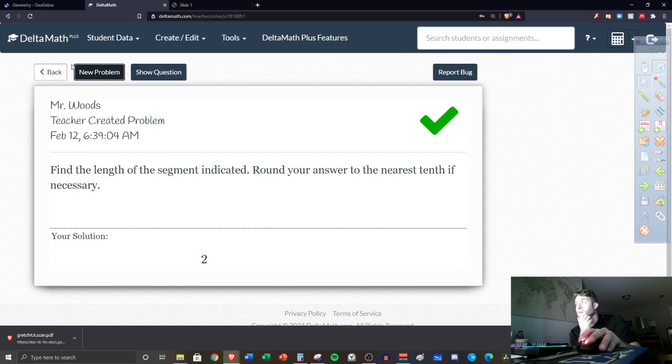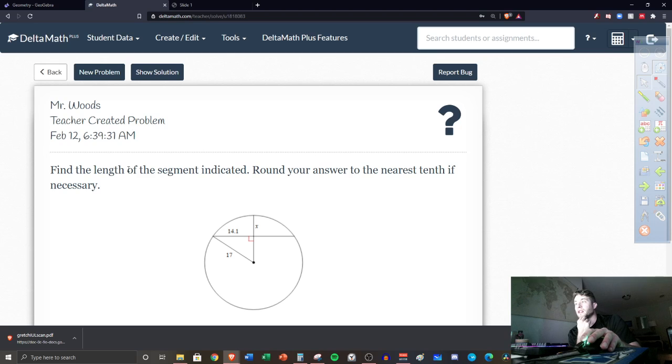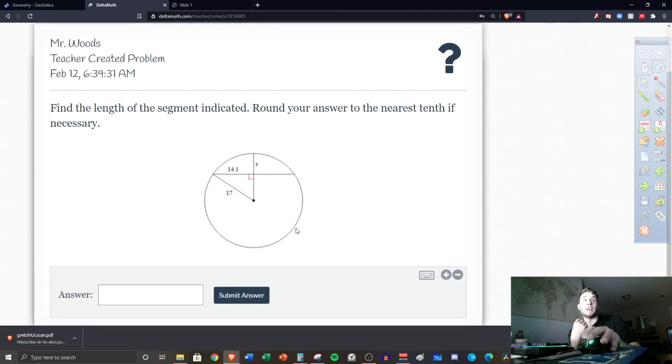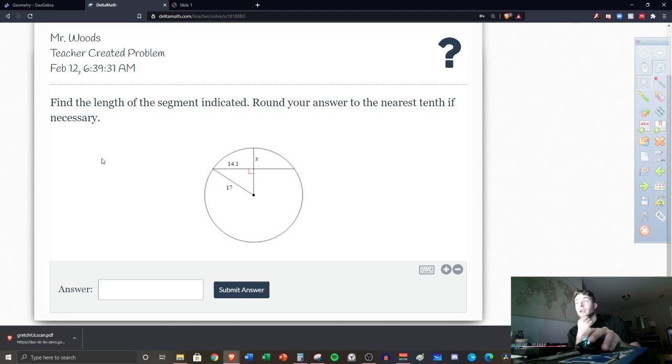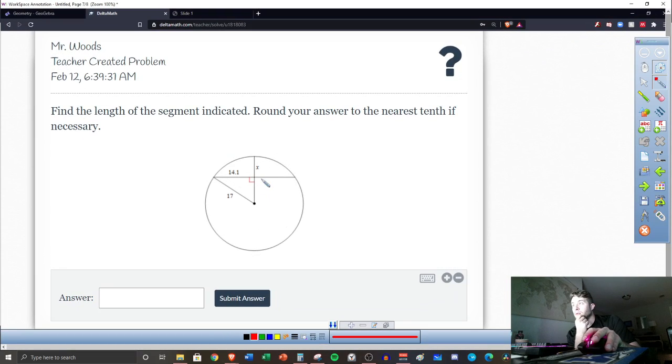Now there are some other problems on here that are a little more challenging. For instance, on this question, this is actually a pretty good problem, so I'll work this one. In order to find x, we know that the total distance from here to here should be 17.